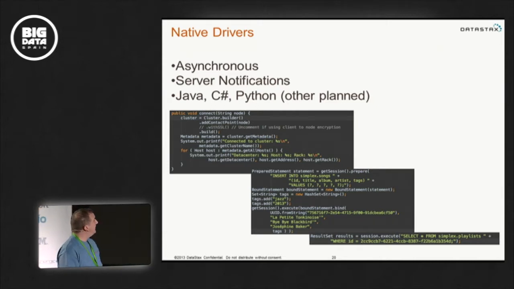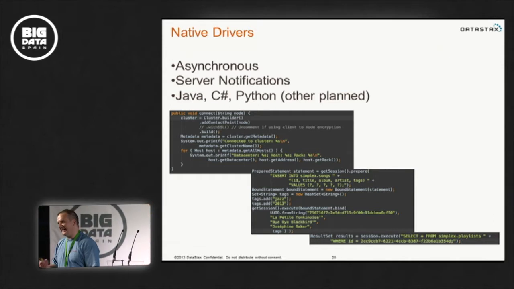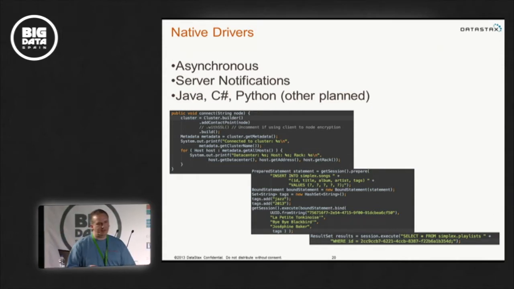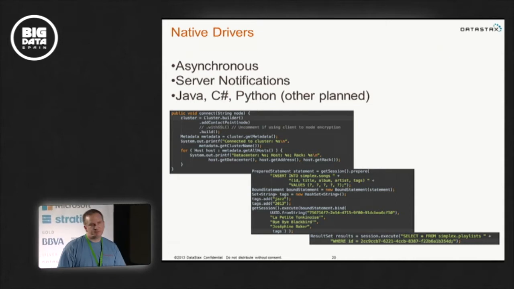The other advantage is it's asynchronous. With Thrift, you can only really have one query per connection, so that can bottleneck you slightly. We're able to open one connection and then pump as many as we want down the line.